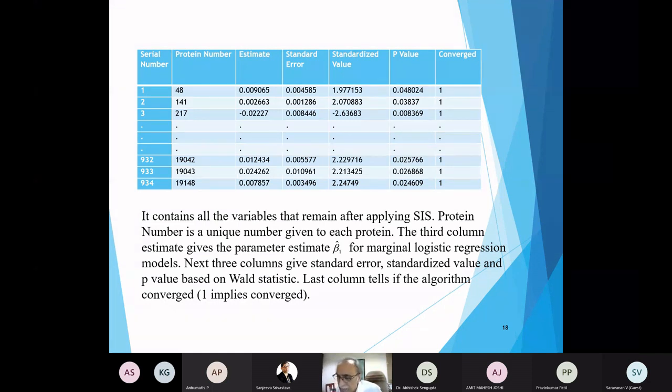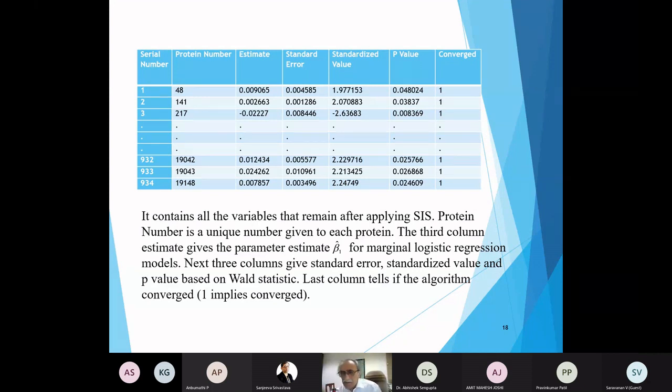We wanted to reduce the dimension, so using sure independence screening, we have brought it down to 934 dimensions. That itself is a huge number, no doubt about it. But still, from 19,200 to 934 is a significant reduction in the dimension. I hope you understood this.